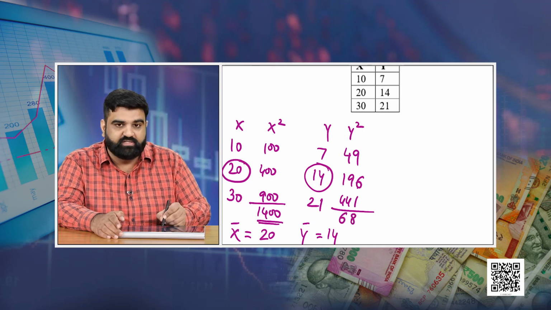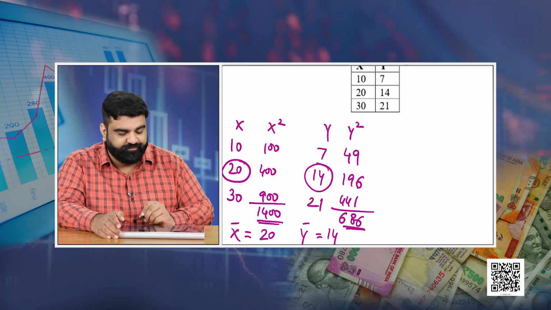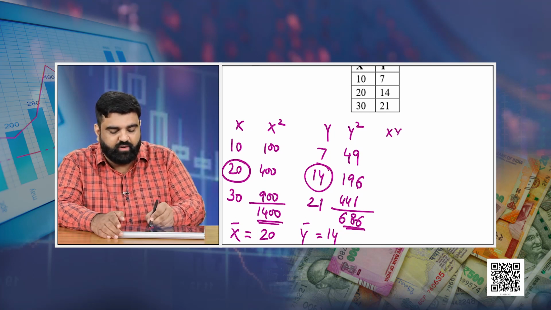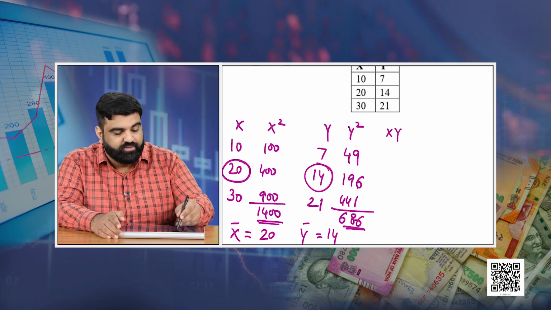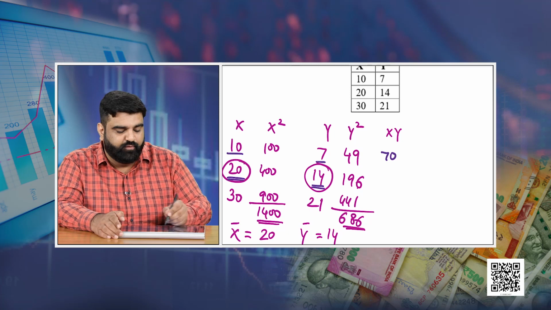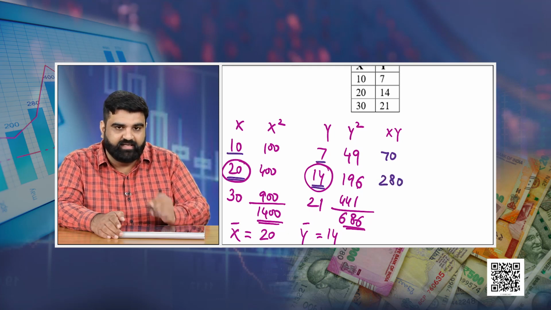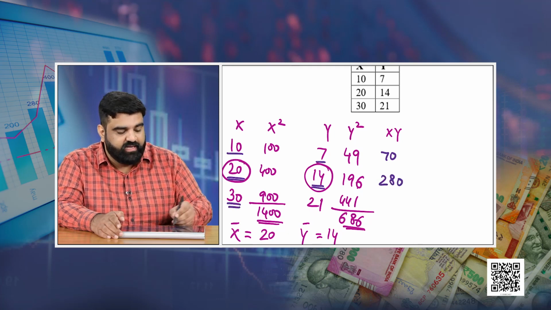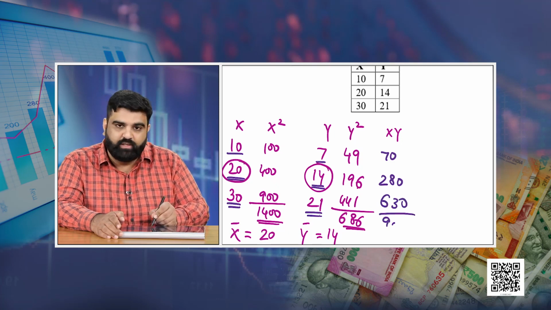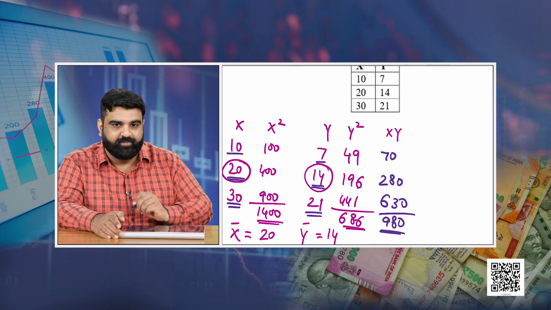So, the total to this will be 686. Now, I also have to calculate the multiplication of x and y. So, this will be 10 into 7, which will be 70, 20 into 14, which will be 280, then 30 into 21, which will be 630. The total to this will be 980.